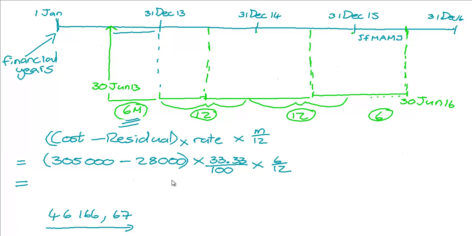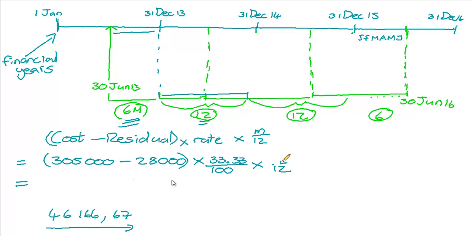So if I go back to my formula, I'm still going to have 305,000 minus 28,000 times 33% multiplied by m over 12. The only difference is in my second year, this asset is in use for a full 12 months. We can see that it's in use for a full 12 months and not just 6 months. So this figure here is going to change to 12.